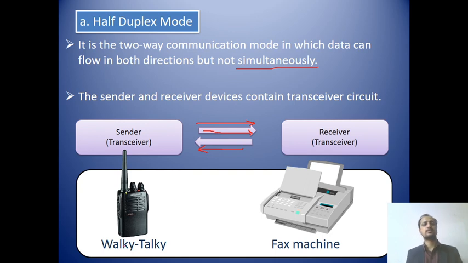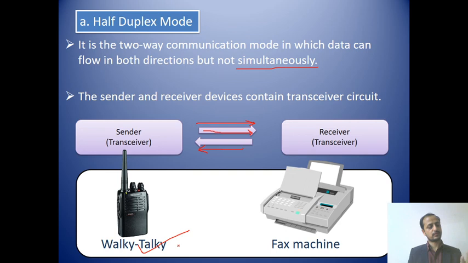Two examples of half duplex transmission mode: walkie-talkie is a technology that uses half duplex mode. When two persons are talking on a walkie-talkie, they cannot talk just like we talk on a mobile phone.